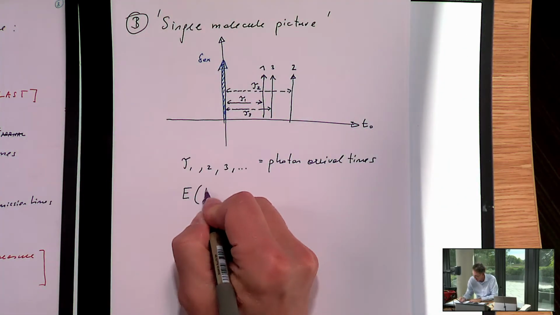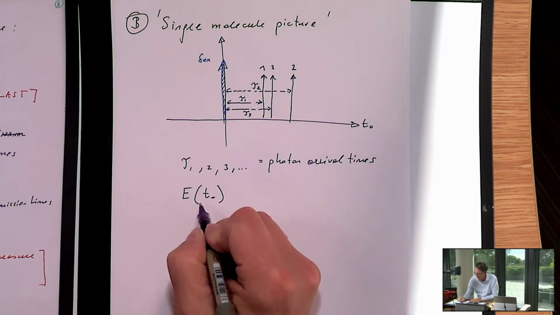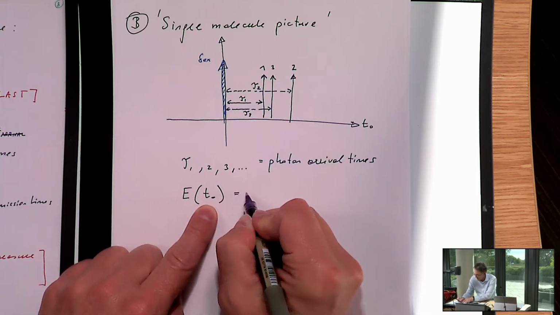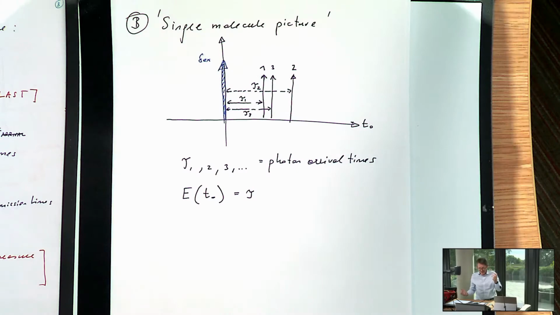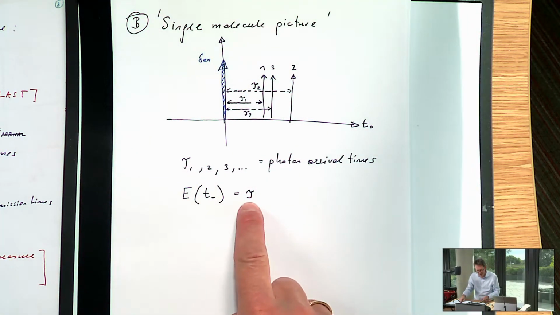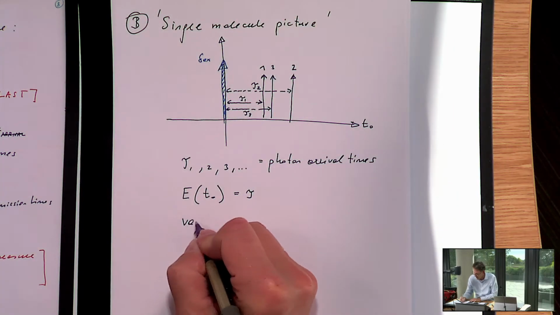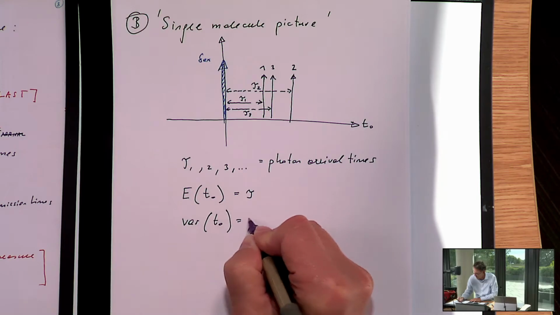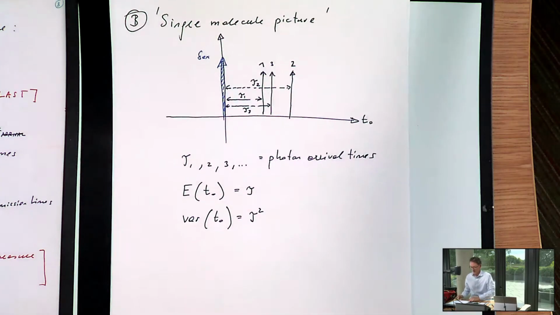So the expectation value of the arrival time is tau. So the most likely time is in fact the fluorescence lifetime. The variance of this turns out to be tau squared. It's normally distributed.